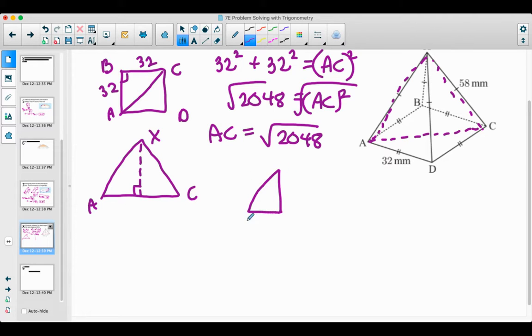So if we look here, this is A and this is X, and here's our 90. This side is going to be half of the square root of 2048. And then I also know that this is 58 because of those tick marks. And so we want to find angle A there. And so this is my adjacent side, and this is my opposite.